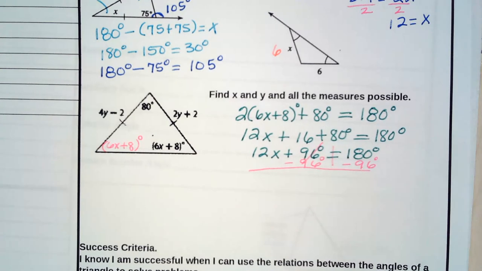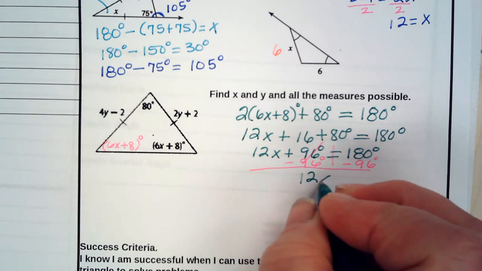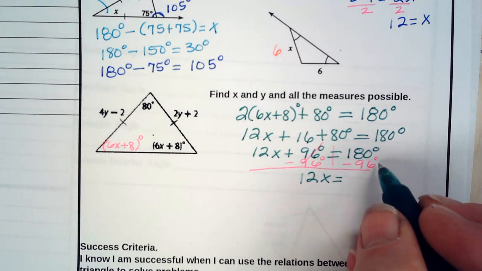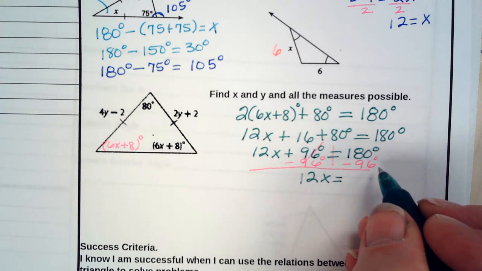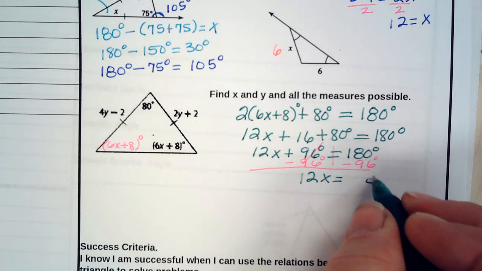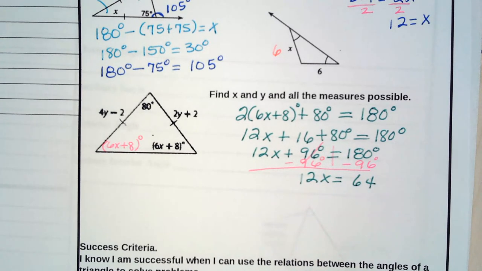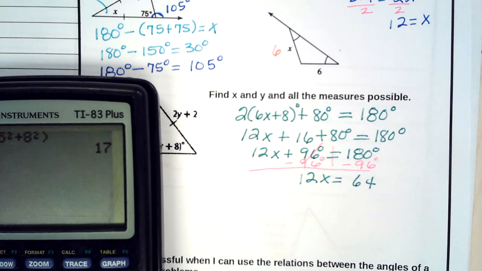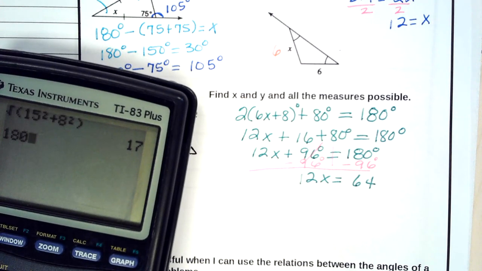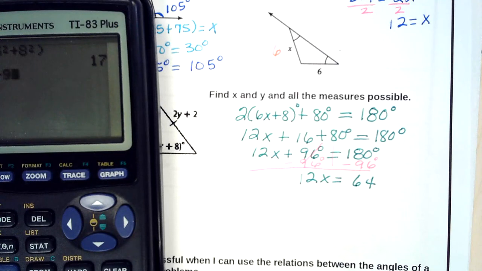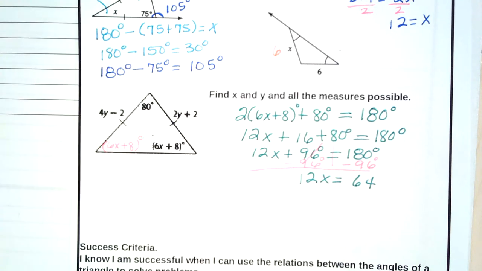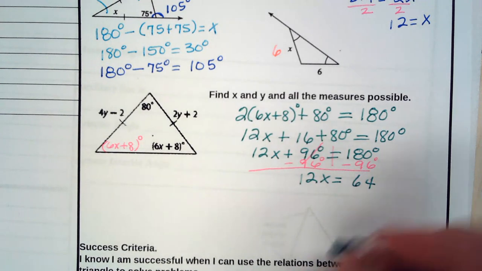I've eliminated it here. 12x is equal to 180 minus 96. 180 minus 96 is 84, not 64, 84.